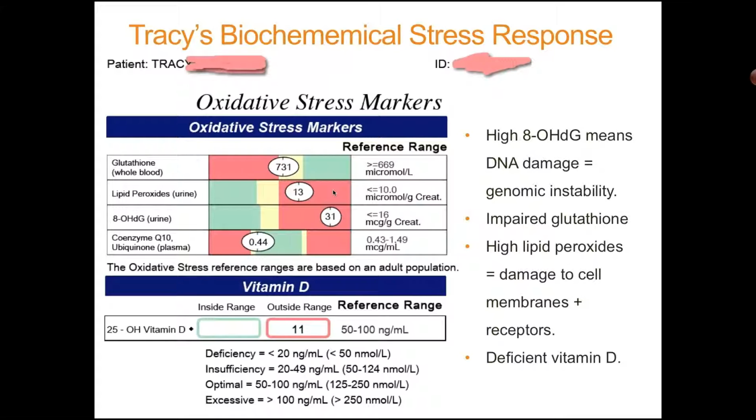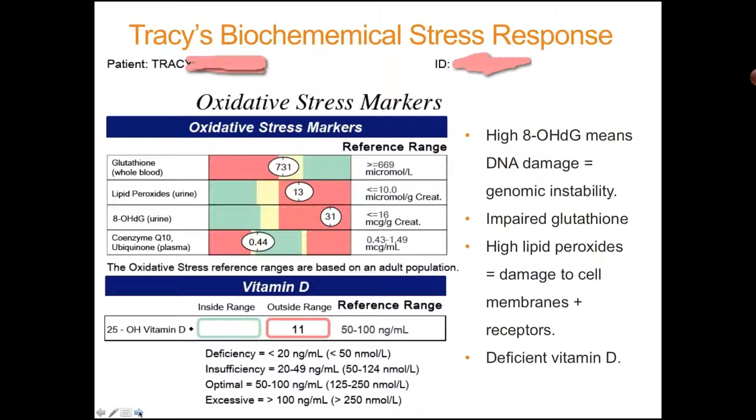There's going to be too much osmosis going on, too much exchange of fluids between the inside and the outside of the cell, which can itself be a problem. And coenzyme Q10 is a good protector of genomic stability, and in this case, it's just borderline low in a case where the other ones are so low, and we've got a deficiency in vitamin D, which is not ideal.